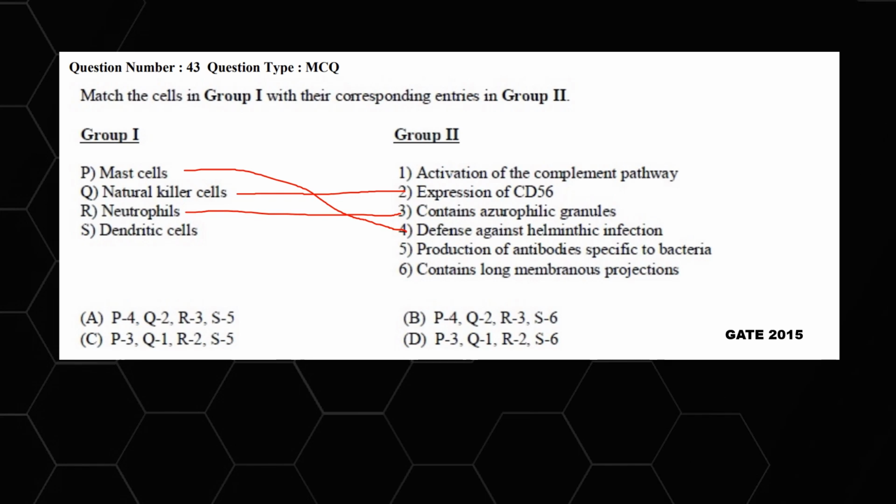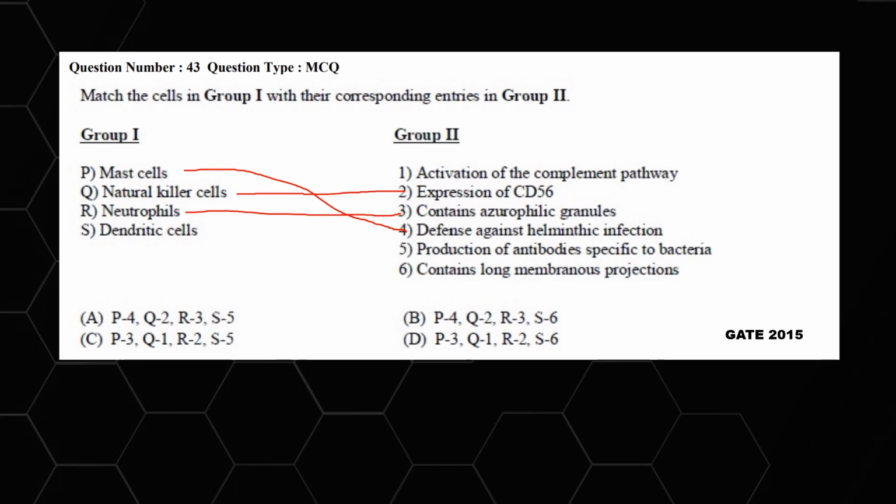Then we have dendritic cells. Dendritic cells are the ones that have membrane-like projections. We generally say they have hand-like structures protruding outwards, and these projections help to engulf the incoming antigen.